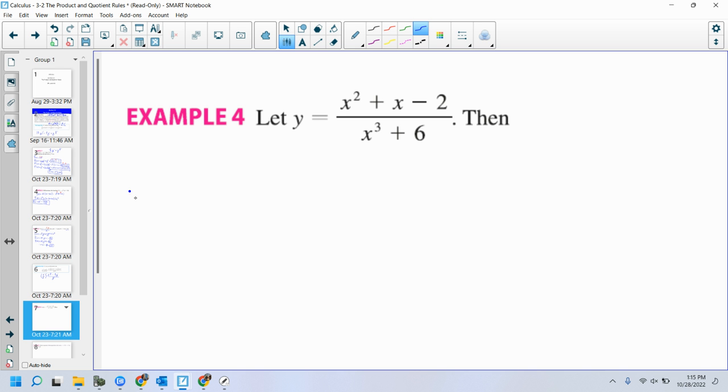Let's find y prime. Okay, so this is f and this is g. So we have g f prime: x to the third plus 6 times f prime. What is f prime? 2x plus 1.